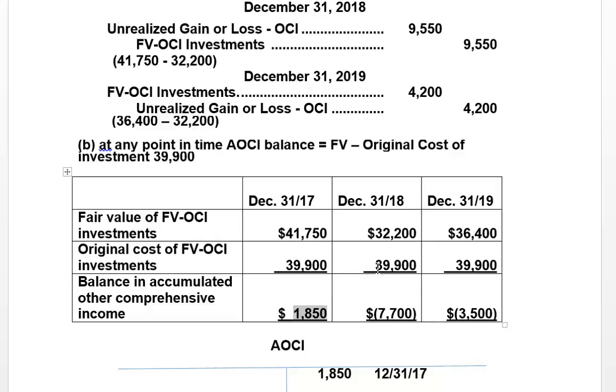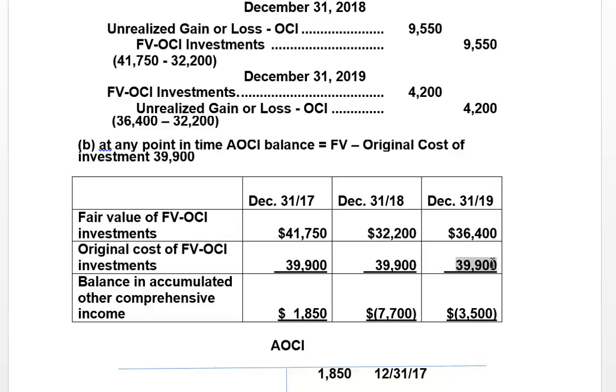And if I look at my original fair value at the date I bought it, which was cost at $39,900, and compare it to my new fair value at the end of 2018, doesn't that mean that I should now have an AOCI debit because my fair value at the original date I bought it was greater than the fair value now? So that means I have a cumulative unrealized loss, right, of $7,700 sitting in my AOCI.